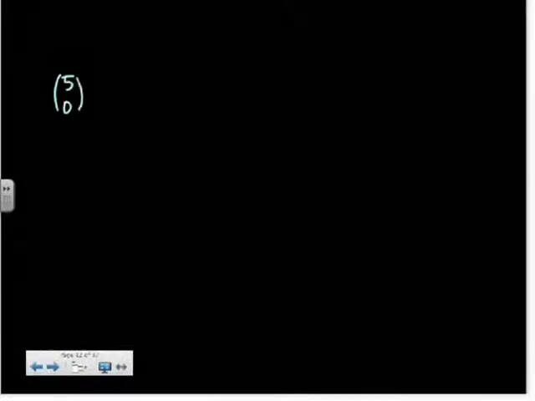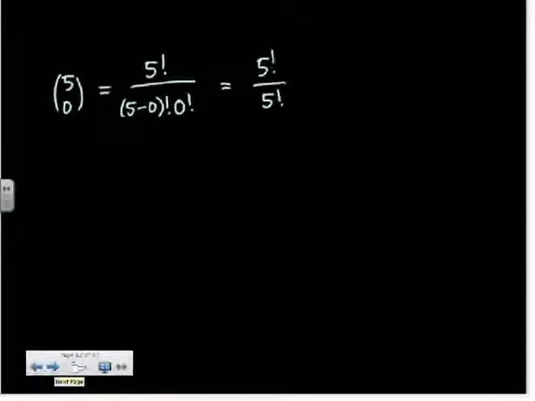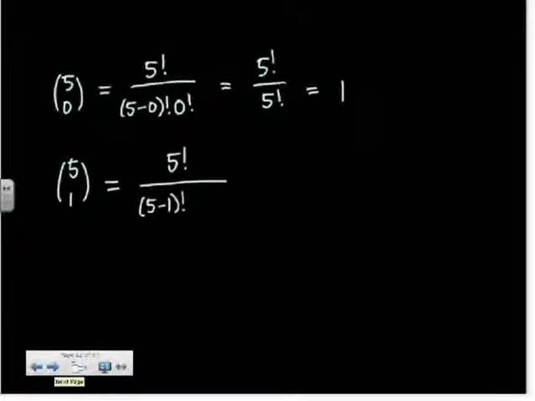So 5 choose 0 is equal to 5 factorial over 5 minus 0 factorial times 0 factorial, which equals 5 factorial over 5 factorial, which is equal to 1. The same goes for 5 choose 1, which is equal to 5 factorial over 5 minus 1 factorial times 1 factorial, which is 5 factorial over 4 factorial times 1 factorial, which is equal to 5.